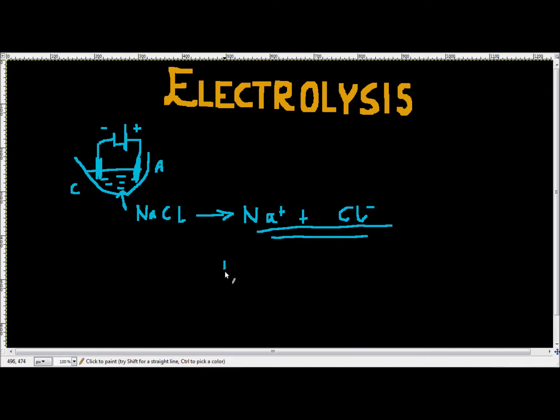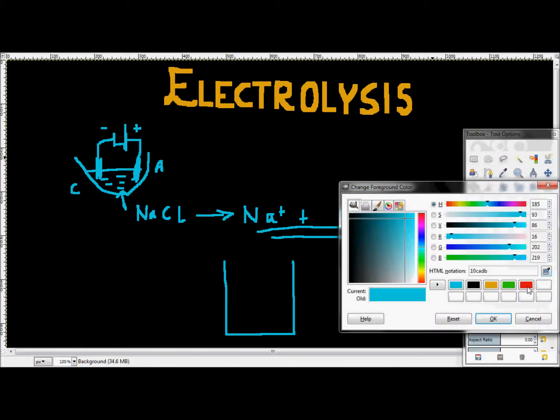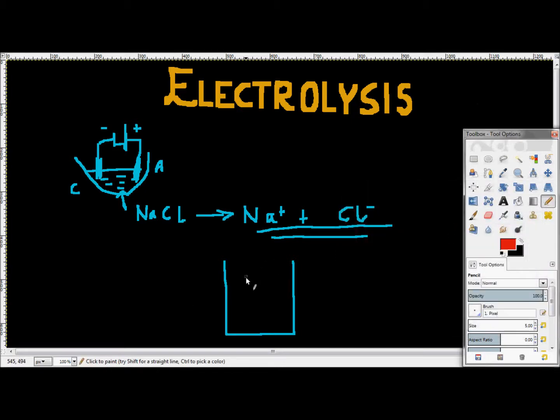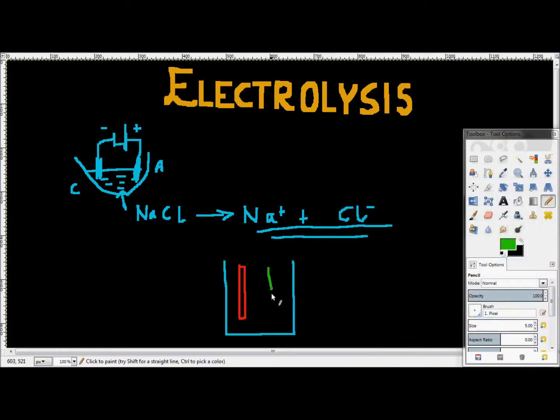I'm just going to draw a bigger version. Change color. I'm going to draw the cathode with red and the anode will be green.